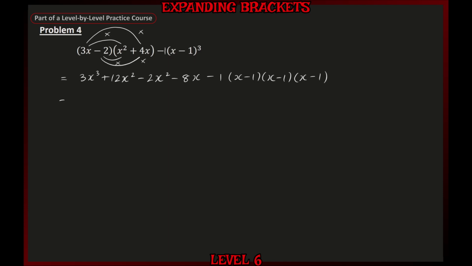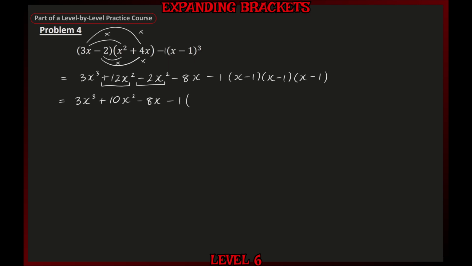So moving on to the next line, we can simplify the terms that we have from the first two brackets. So we have a 3x cubed on its own, the plus 12x squared and the minus 2x squared become a plus 10x squared. We have a minus 8x, and now we have a minus 1. That minus 1 is multiplying the brackets.